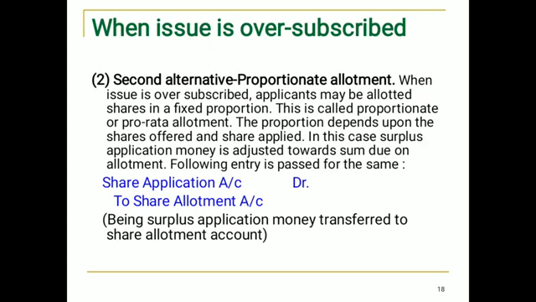This simply means that the excess applications, instead of rejecting them, that amount will be kept in the company and will be adjusted for the next call, which is of share allotment. Further, it will be more clear in practical sums.